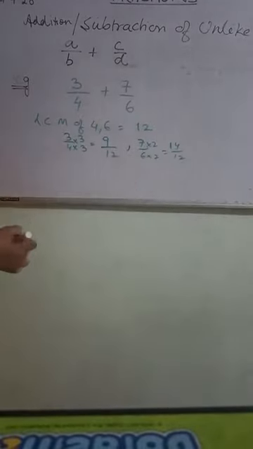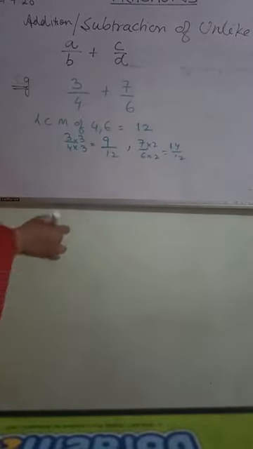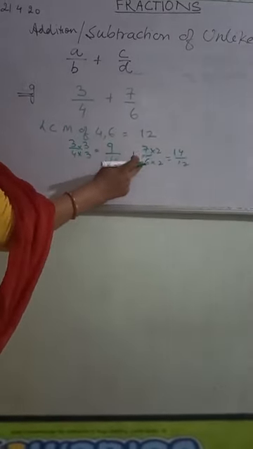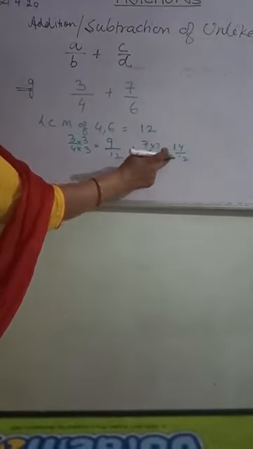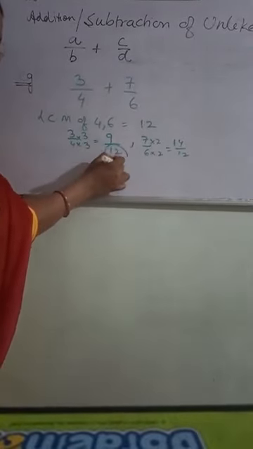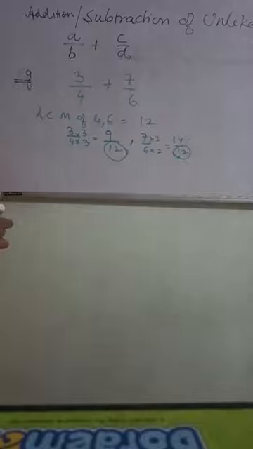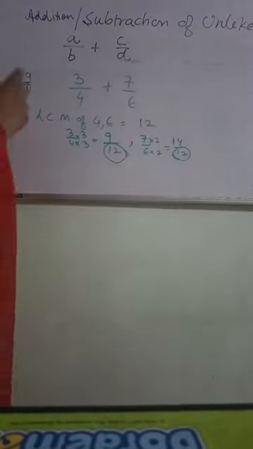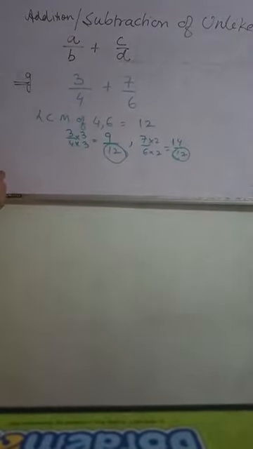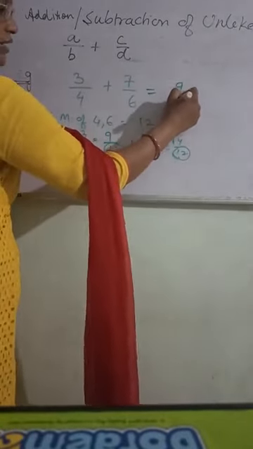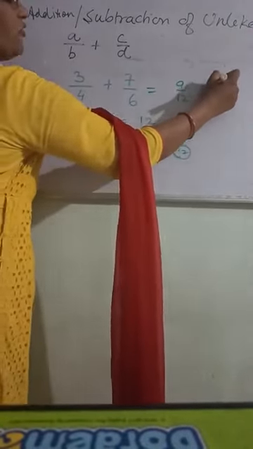It is 14 by 12. So 3 by 4 is equivalent to 9 by 12 and 7 by 6 is equivalent to 14 by 12. What have I done? I have converted both fractions into like fractions. So 3 by 4 plus 7 by 6 becomes equal to 9 by 12 plus 14 by 12.